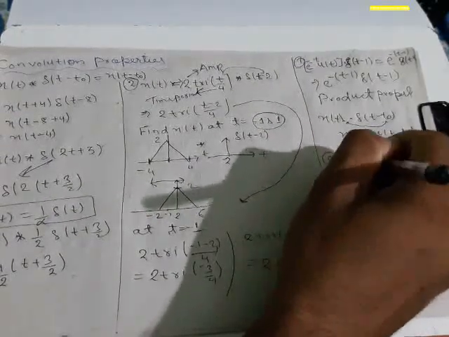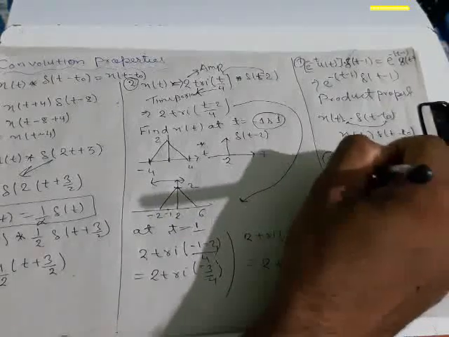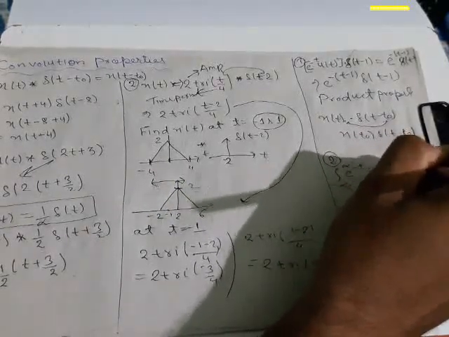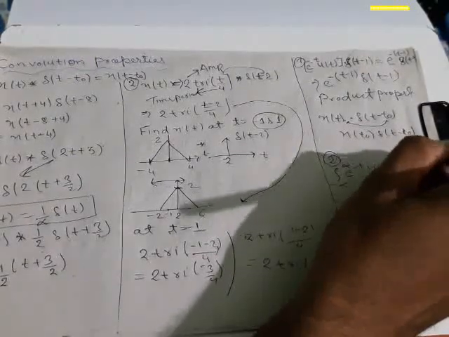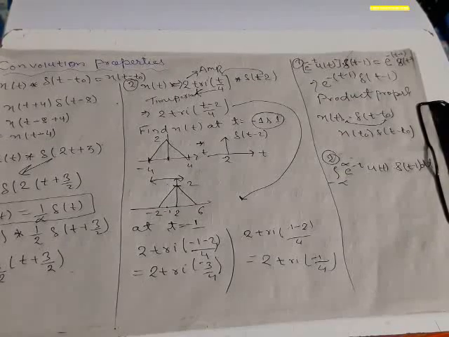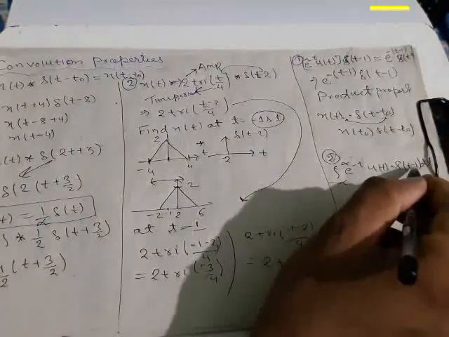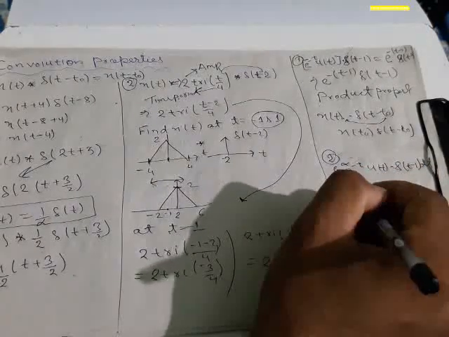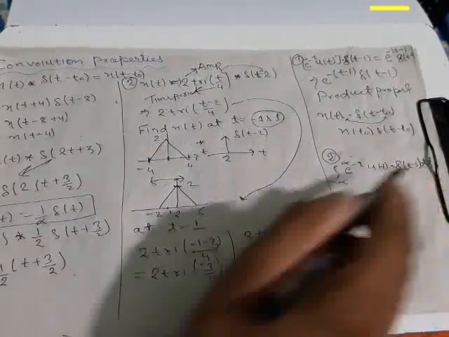So we have to perform convolution. The question asks us to find dx of t by dt convolution with h of t.